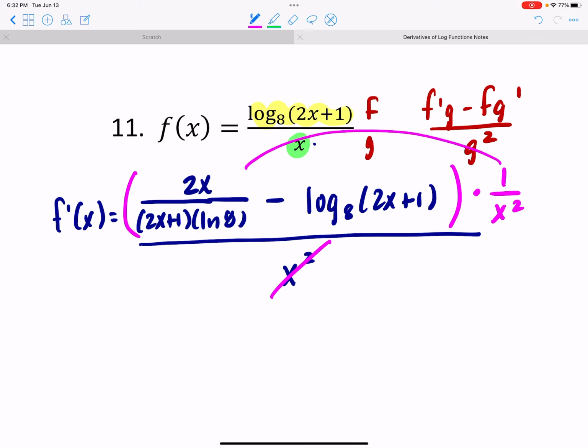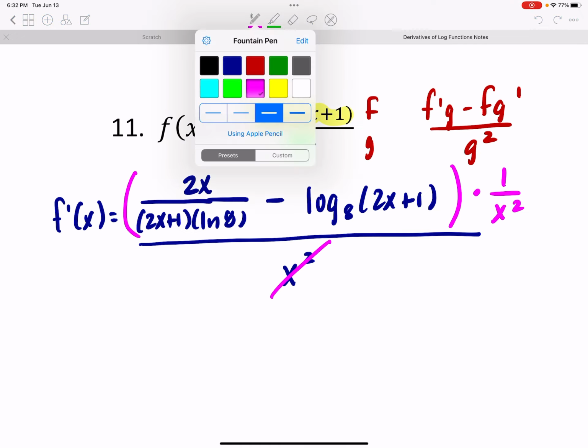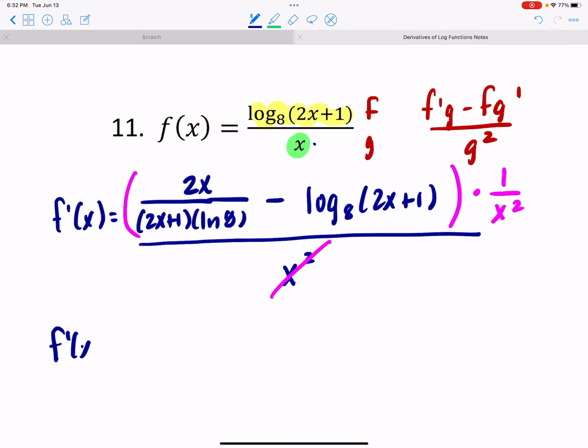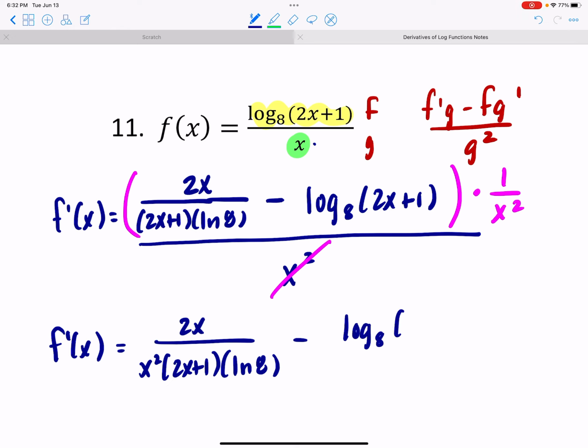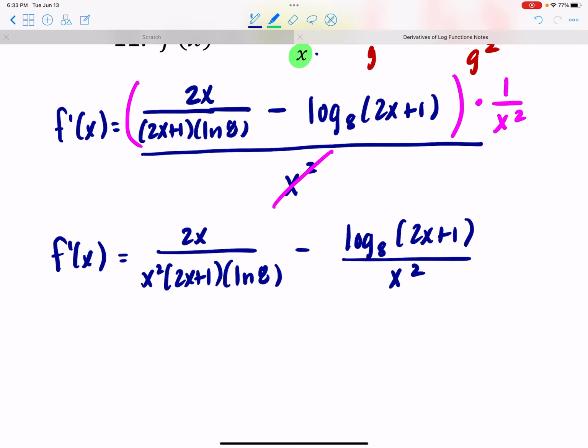So when I multiply here and then multiply here, I'm going to end up with f prime of x equal to 2x over x squared times 2x plus 1 times the natural log of 8, and then I'm subtracting the log base 8 of 2x plus 1 over x squared. And this first fraction can be simplified just a little because we have an x in common.